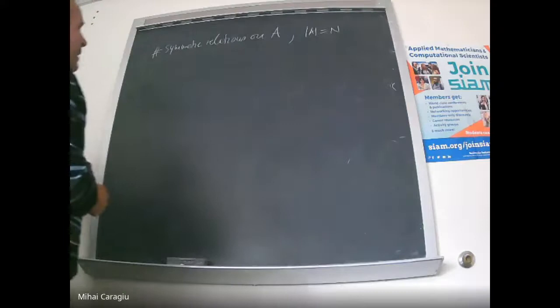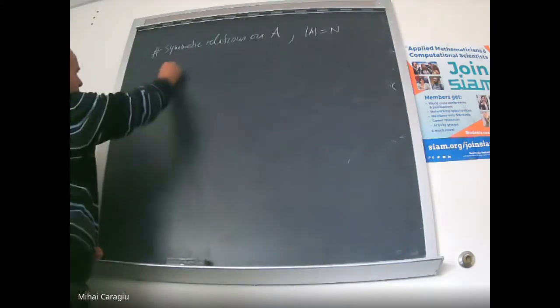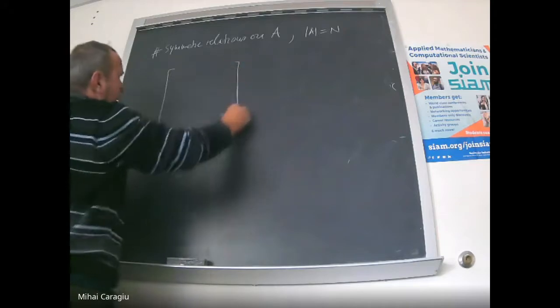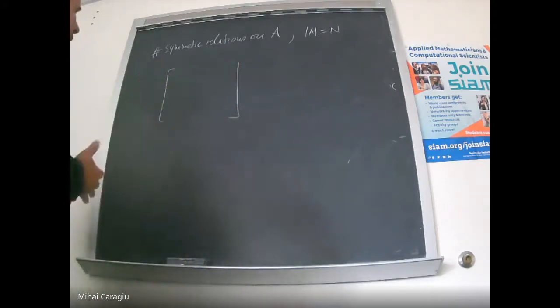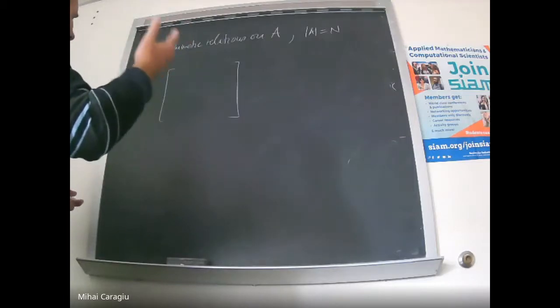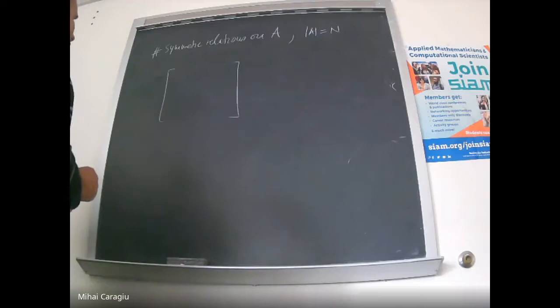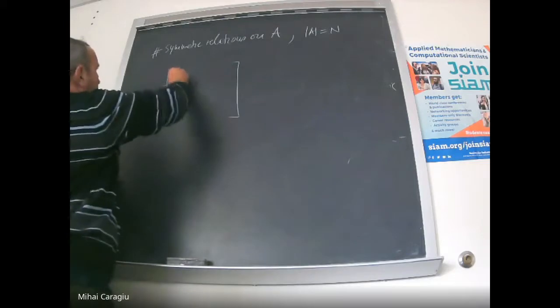Okay, so let's look at the matrix of the relation. Because of the symmetric character of the matrix, reflecting about the main diagonal produces equal elements. So we only need to provide values for the elements that are on the diagonal or above. So those elements, stars.